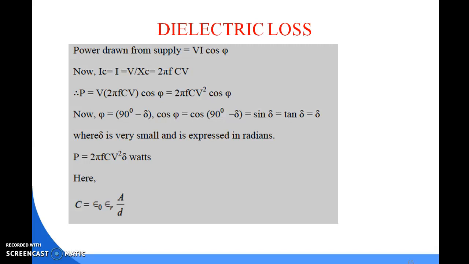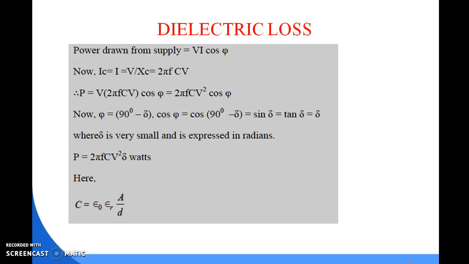We can say phi plus delta is equal to 90 degrees, so phi is equal to 90 minus delta. So cos phi is equal to cos of 90 minus delta, that means cos phi is equal to sin delta. Whereas delta is very small as compared to the radian, so we can neglect the difference. So we get P is equal to 2 pi FCV square delta. That is the final formula.